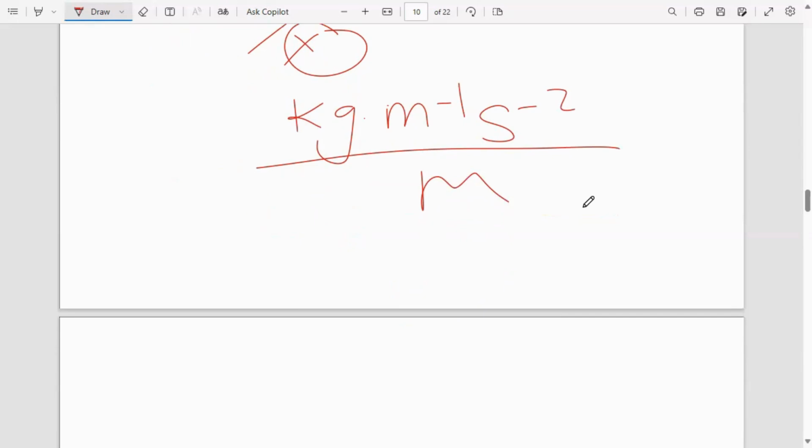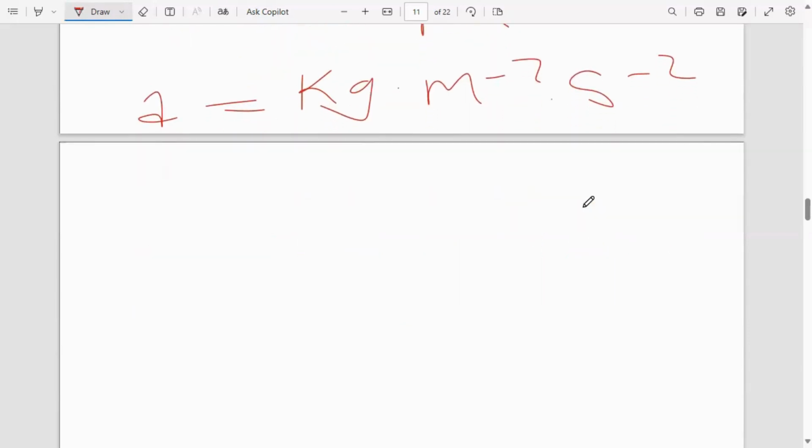If we divide with that, what are we going to have? We're going to have kg multiplied by m power minus 2 multiplied by s power minus 2, like that. So that means our A is equal to this guy here.